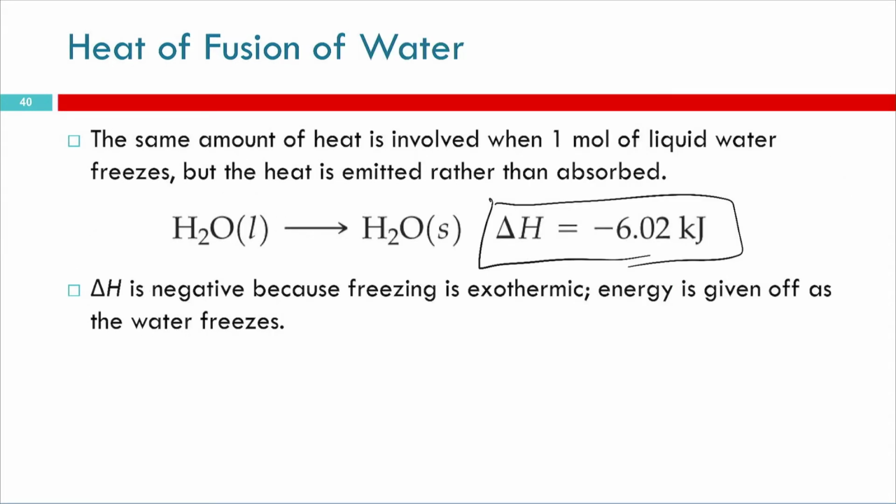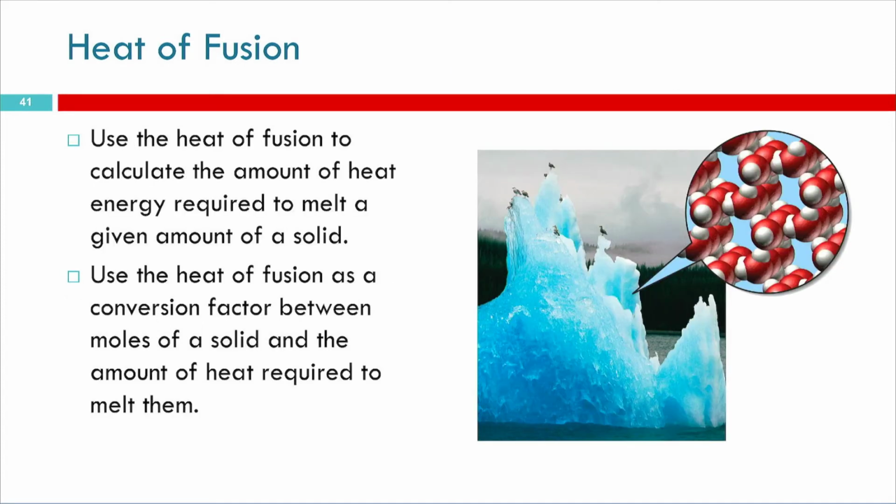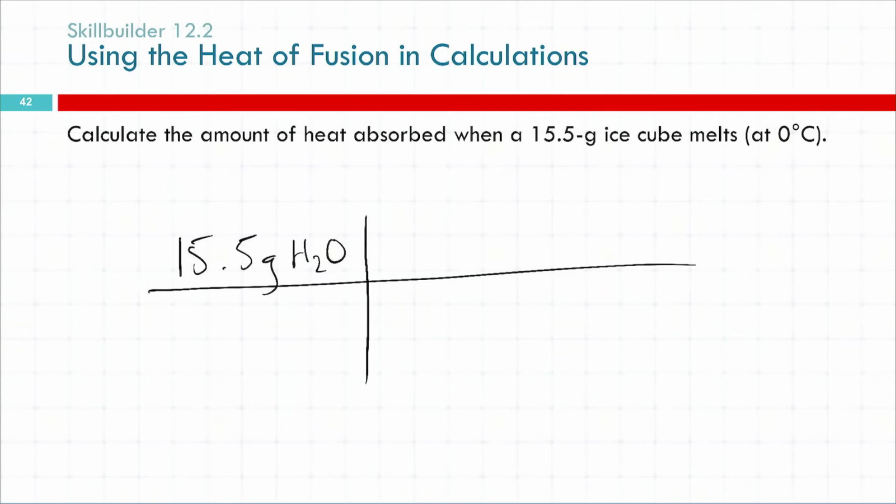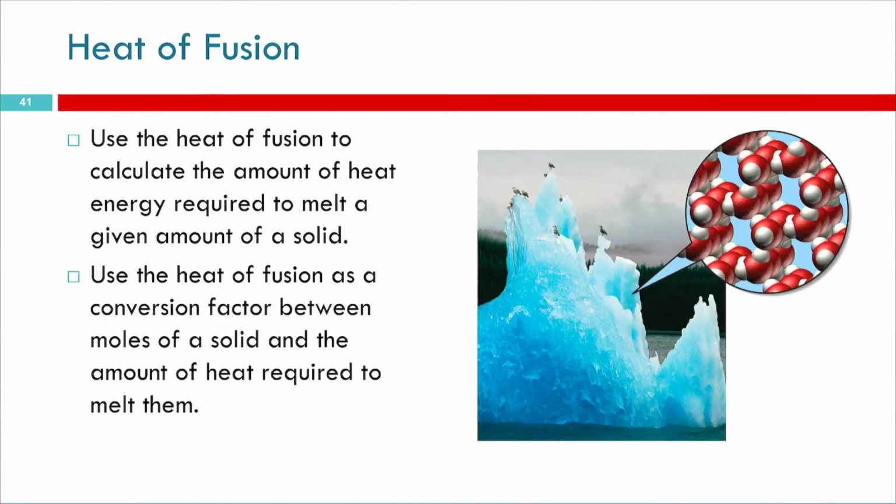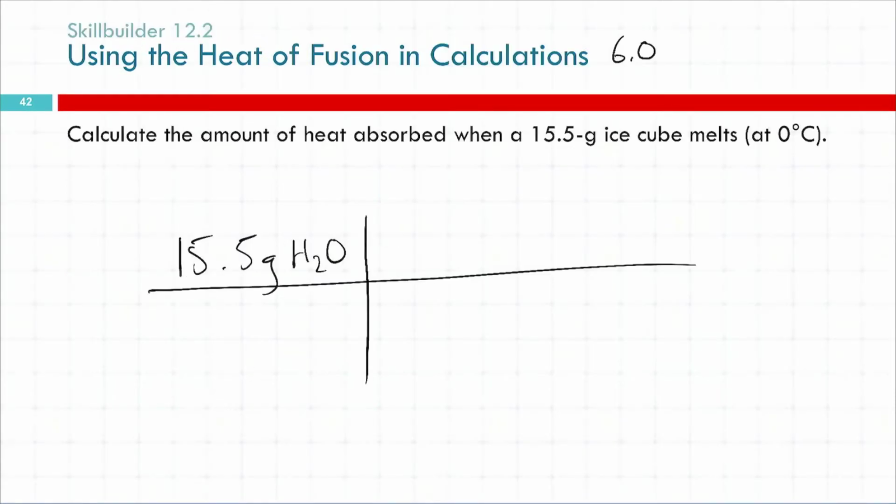Sorry, this is for freezing, and we are currently melting. So we're going to have a positive value. So it's 6.02 kilojoules per 1 mole.